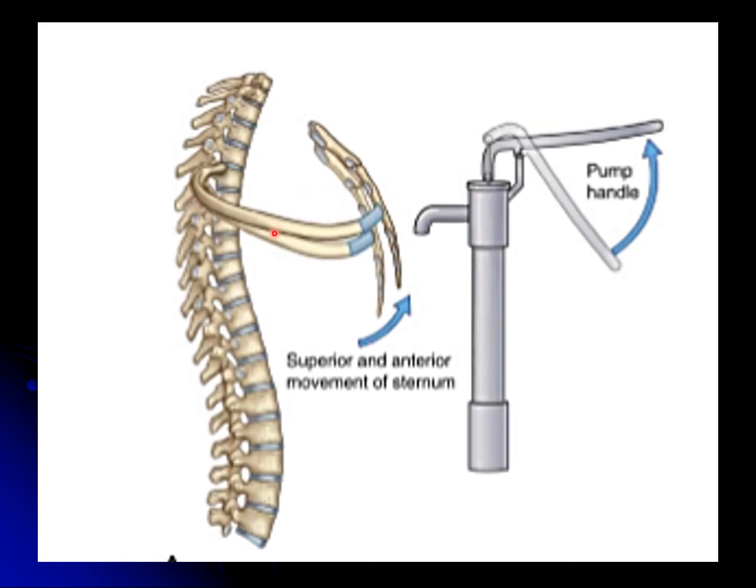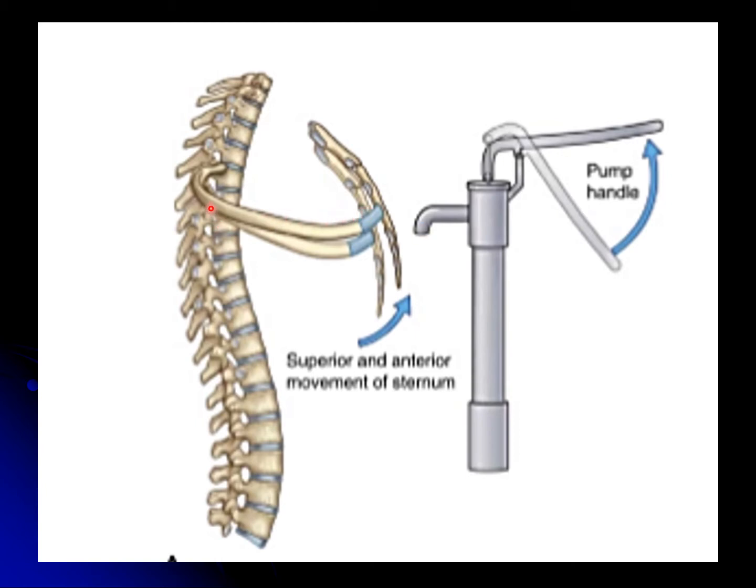The mechanism of movement of this connection is just like the movement of a pump handle. As we push it down or up to take the water, in the same way, if these ribs are moved slightly upward, they increase the diameter.